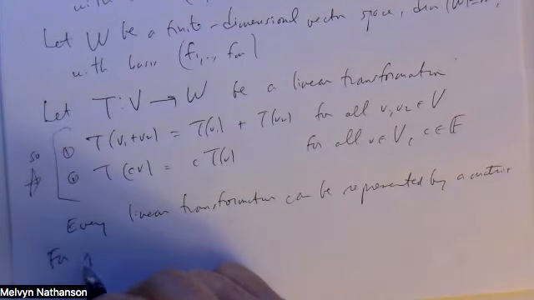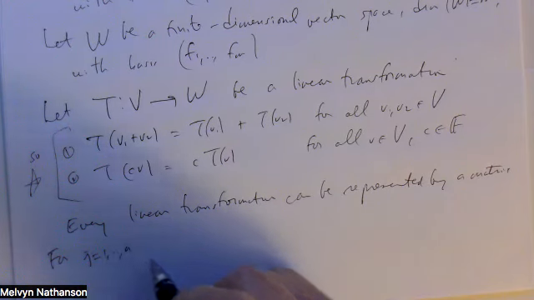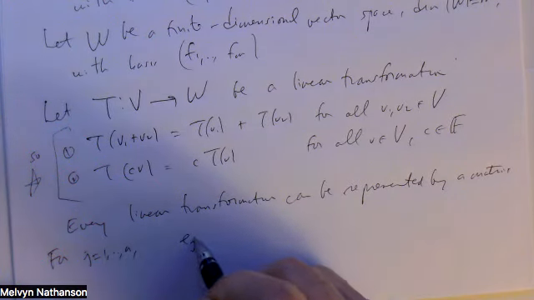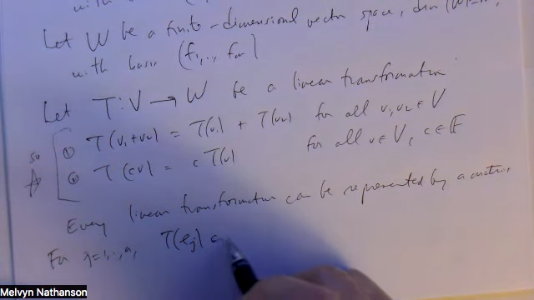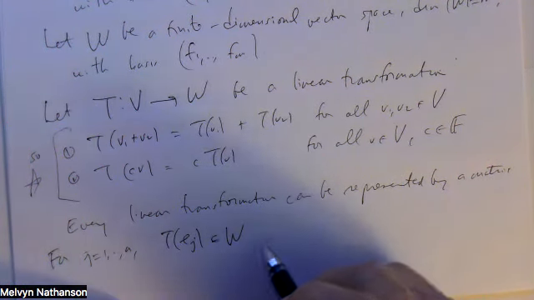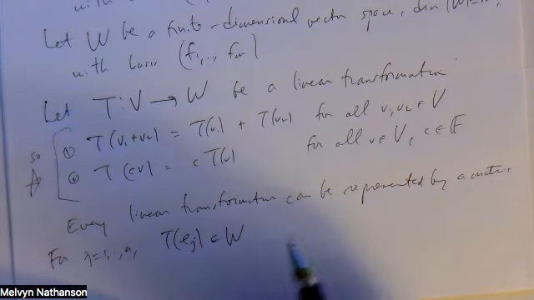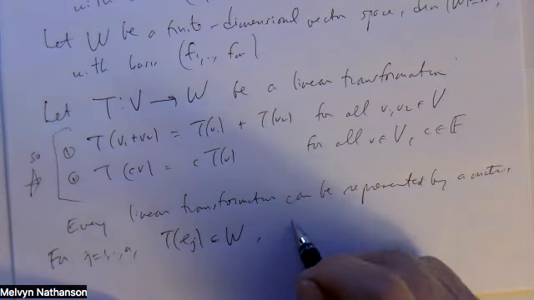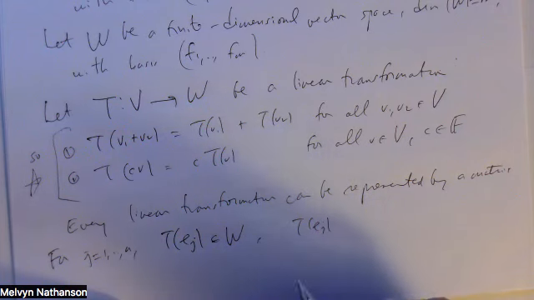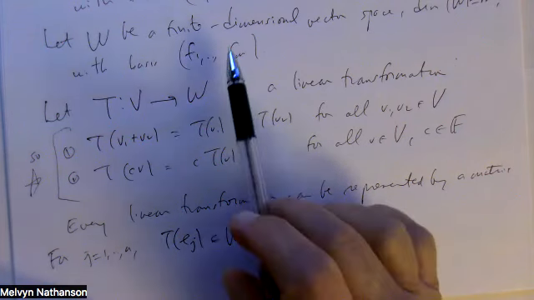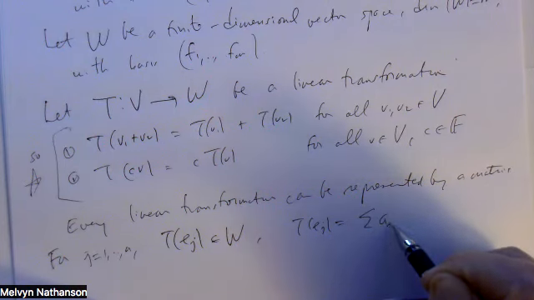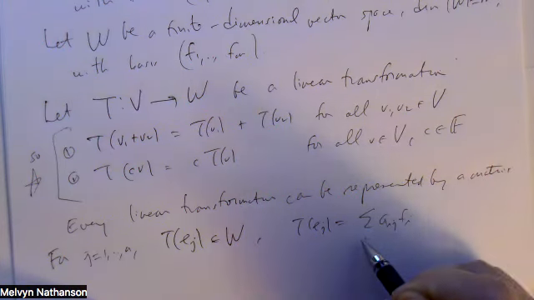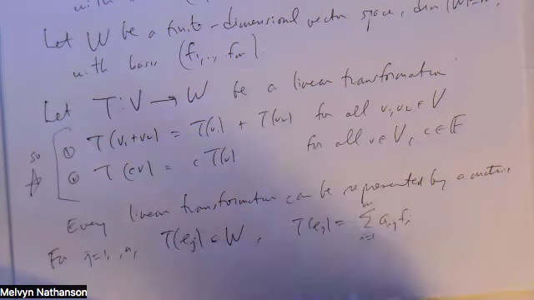For every j from 1 up to n, E sub j is a basis vector for V. So T of Ej is in W, because T maps V to W. And so T of Ej is some linear combination of the basis vectors in W. This is summation, say, Aij f sub i, i goes from 1 up to m.